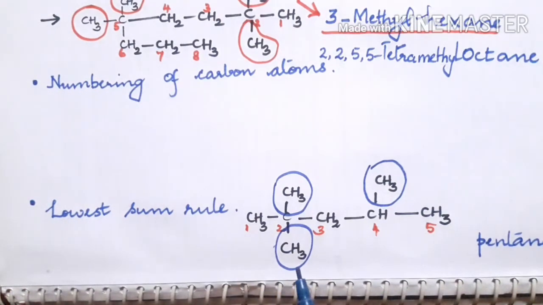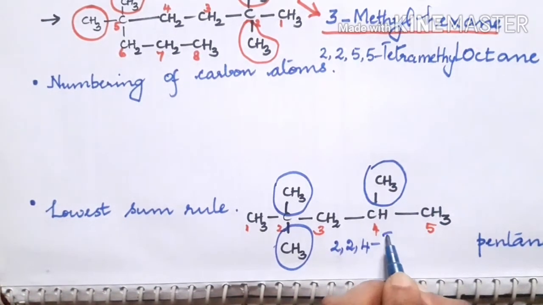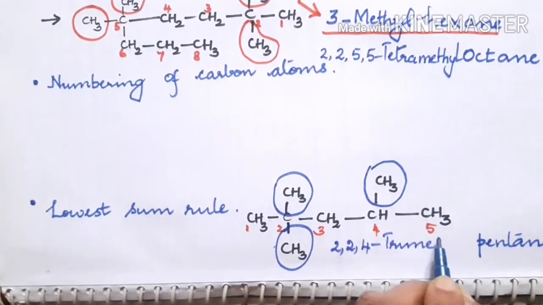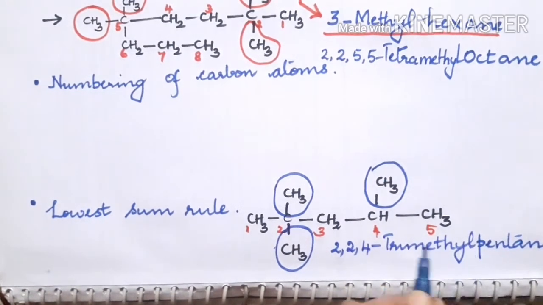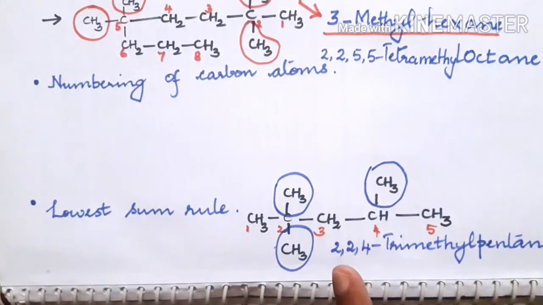The compound will have the name 2, 2, 4-Trimethyl pentane. While giving the IUPAC name, the first letter should be a capital letter and it should be written as a single word. Each time specify the position of the substituent also.